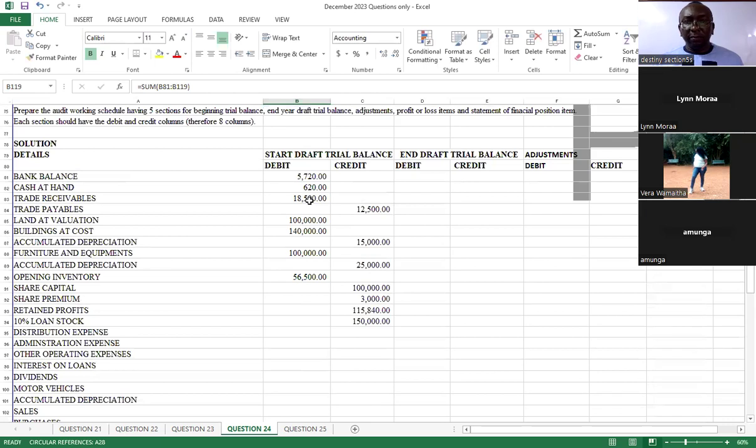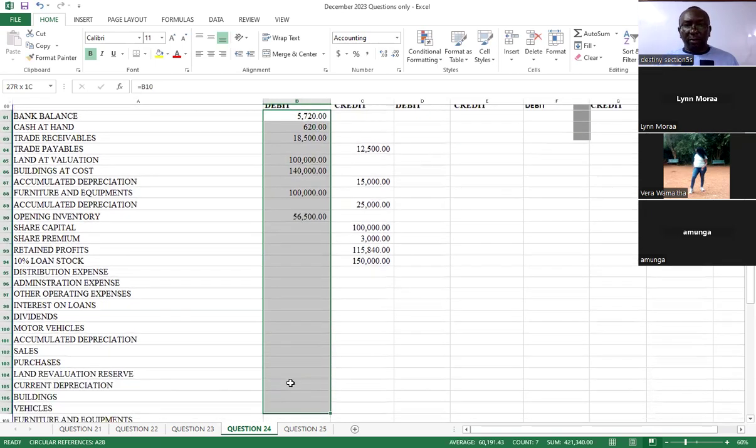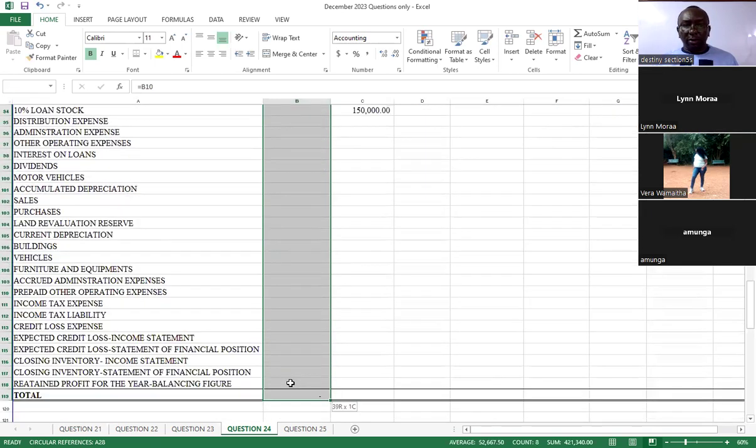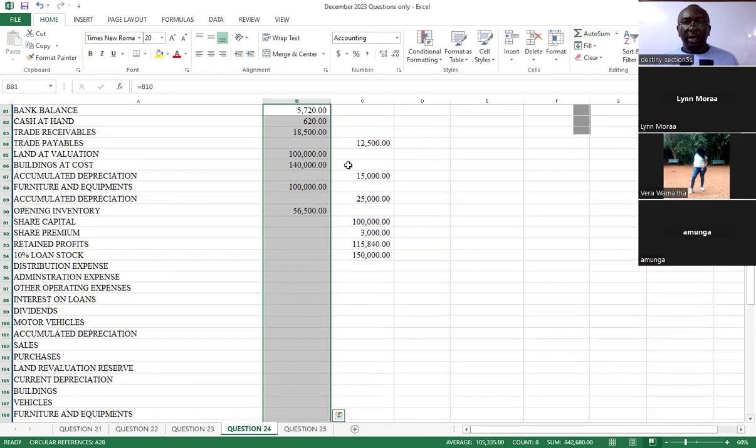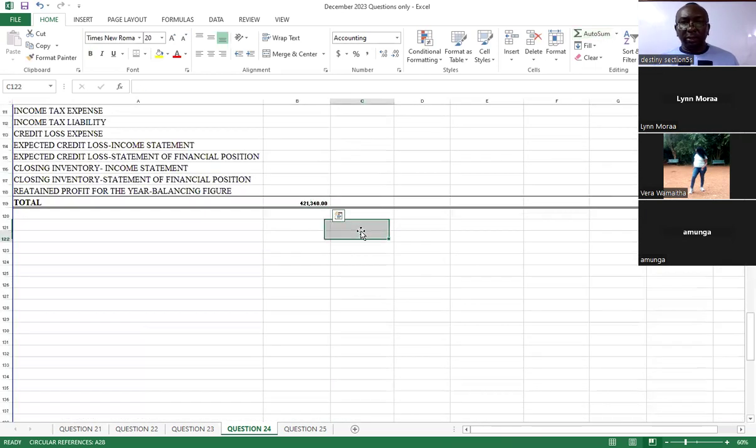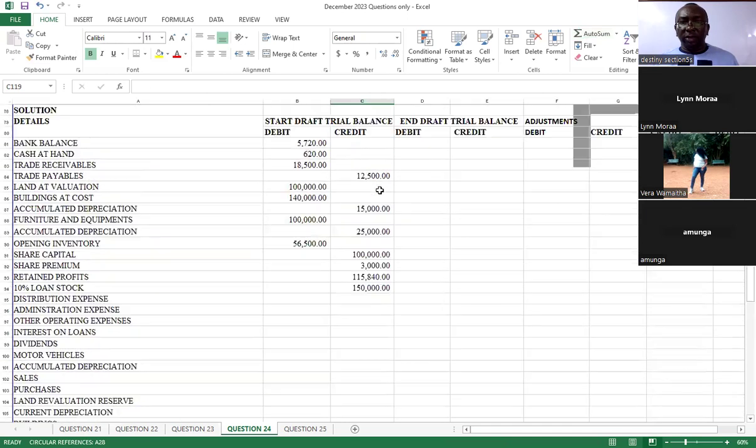Why didn't it pick? Okay. Then it is disturbing me like that because I'm not able to see there. Auto sum. Good. Then I come here, I do the same.